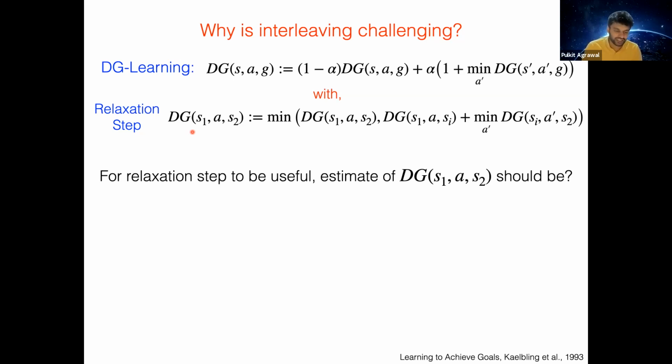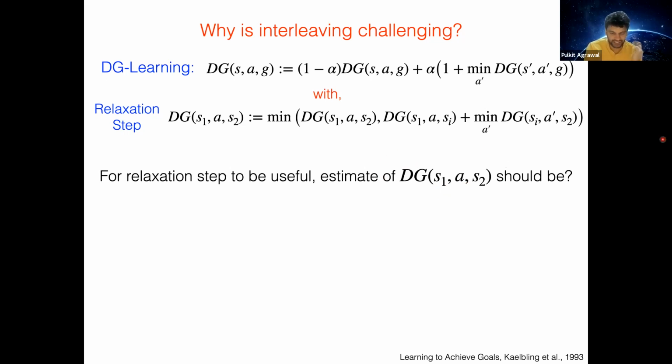But the question is, if the relaxation step is going to make my DG learning better, then should there be a certain property that DG(S1, A, S2) should satisfy?